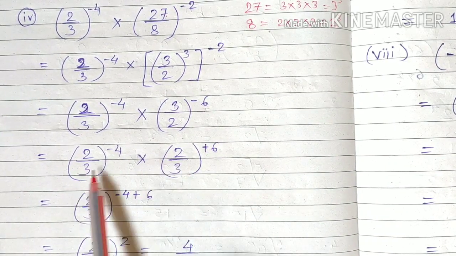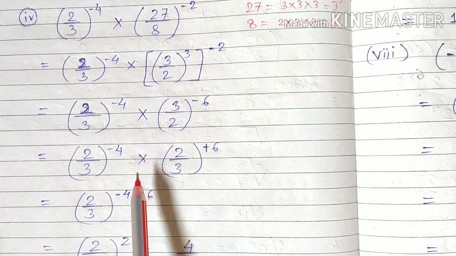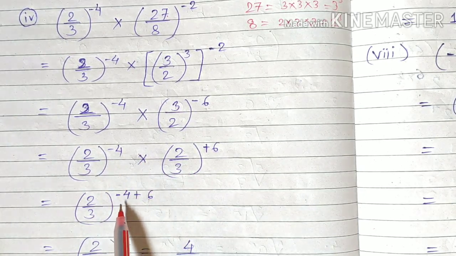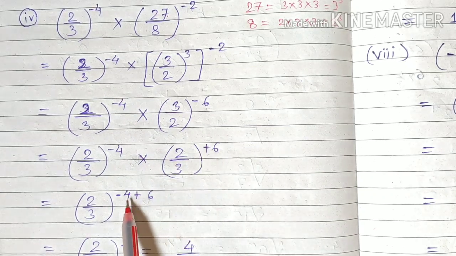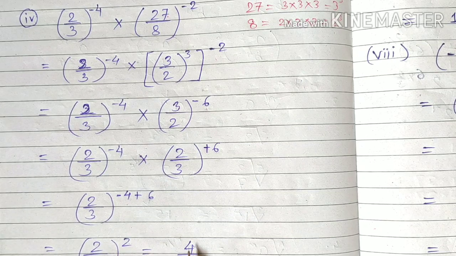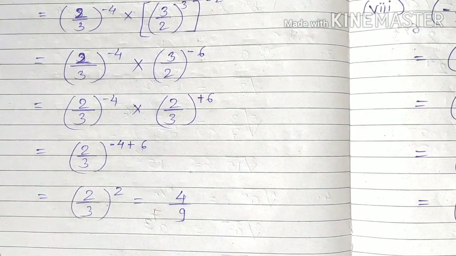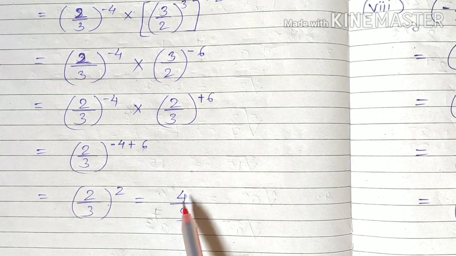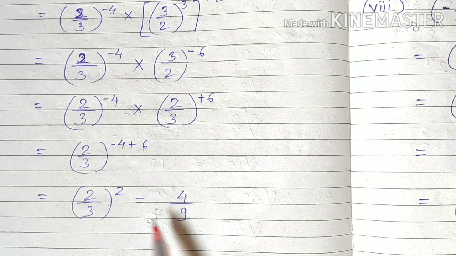Since the bases are equal, we can apply the product law and add the powers. So minus 4 plus 6 becomes 2. So 2 upon 3 raised to 2. It means 2 multiplied by 2 is 4, 3 multiplied by 3 is 9. So 2 by 3 raised to 2: square of 2 is 4 and square of 3 is 9.